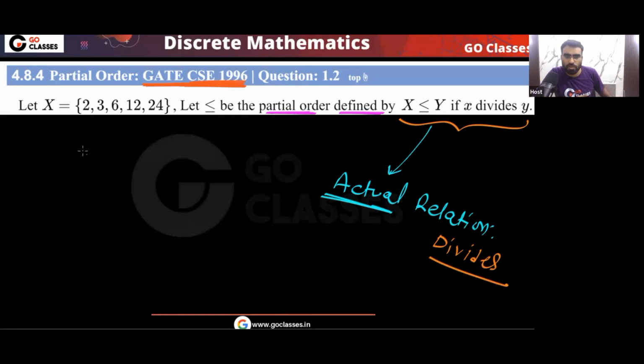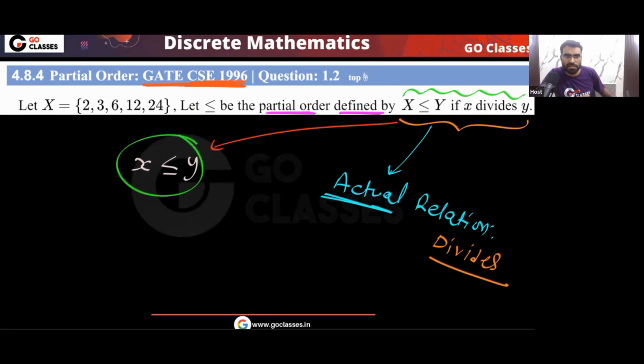I hope you understood. The question is saying that this symbol is a partial order defined by x is related to y if x divides y. In this complete statement, how will you read this symbol?